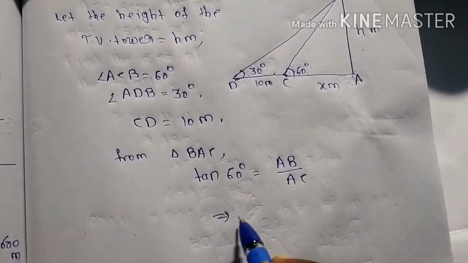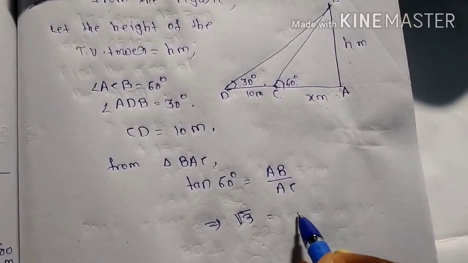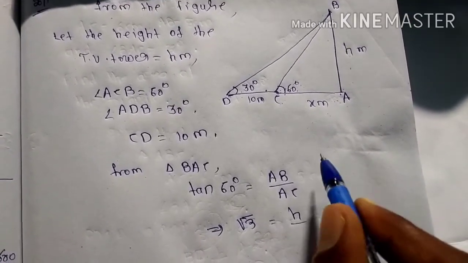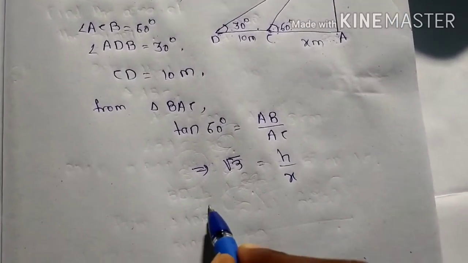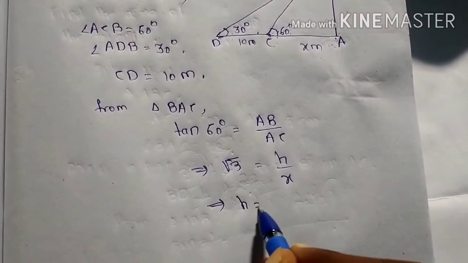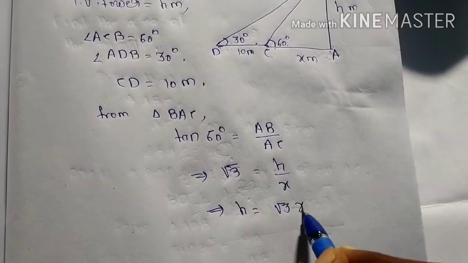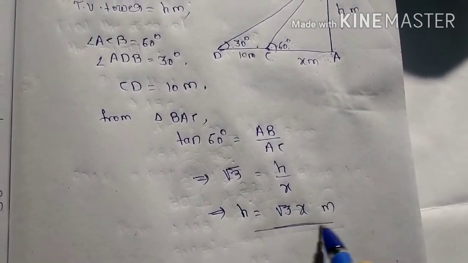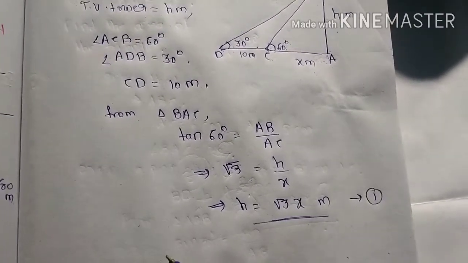Tan 60 value is root 3 only. Yes, root 3 is equal to AB, which is h, by AC, which is x only. That means h is equal to root 3 into x meters. You can consider this as the first equation.